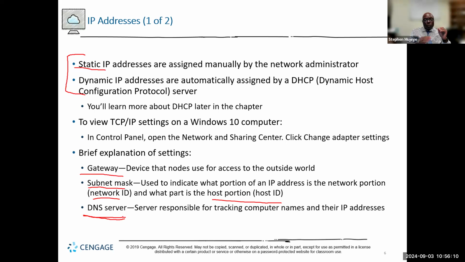So in order for you to be pointed to the right website, like Facebook.com, the DNS is going to make a query. It will keep a database. So that's why you need the DNS IP address, so that you can be taken to the right place, right? So what I am going to do is open Network and Sharing Center.